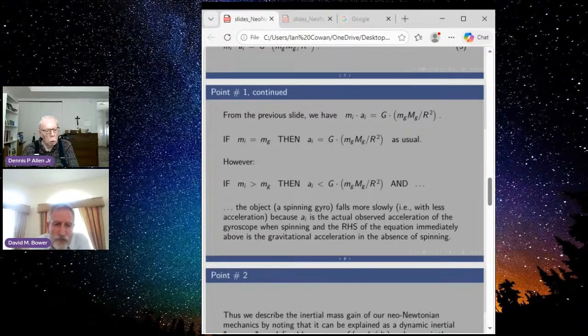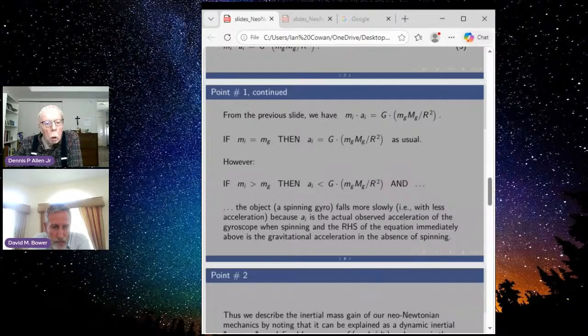Now let's consider 2 cases. If the inertial mass equals the gravitational mass, then we have our usual derivation that the acceleration is equal to big G, big M m g divided by r squared as usual, which gives us the value 9.8 meters per second squared.